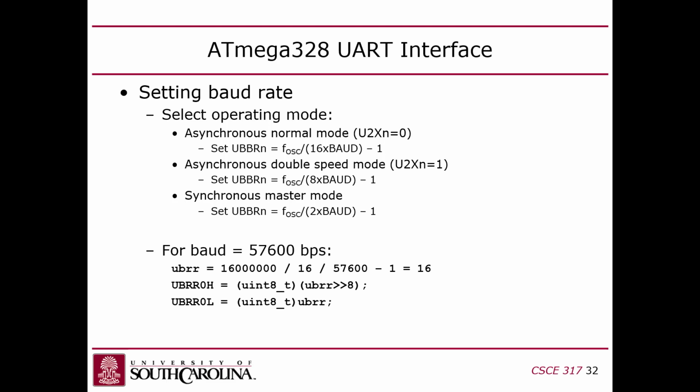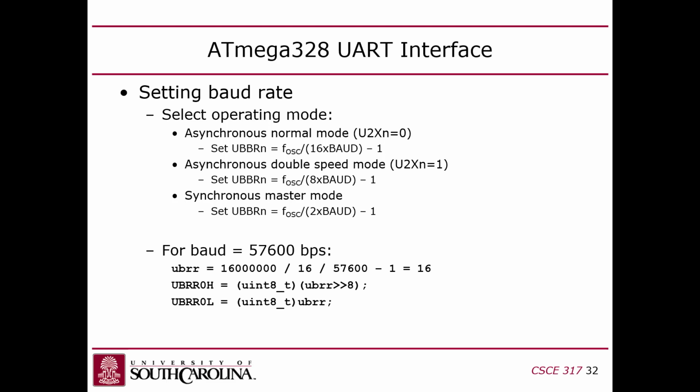Okay, so there's an equation you have to use to calculate the baud rate, and basically what you're doing is setting up the speed relative to the clock rate of the chip, which in this case is 16 megahertz.